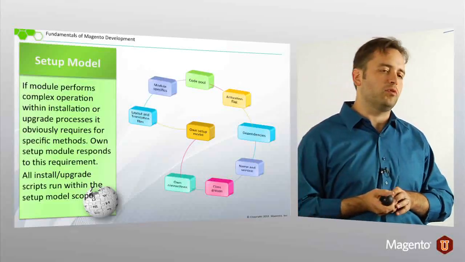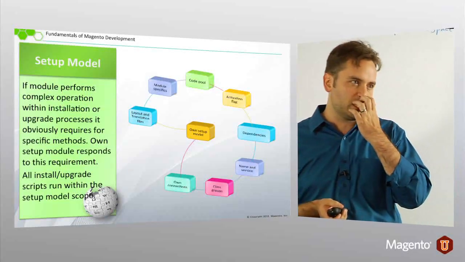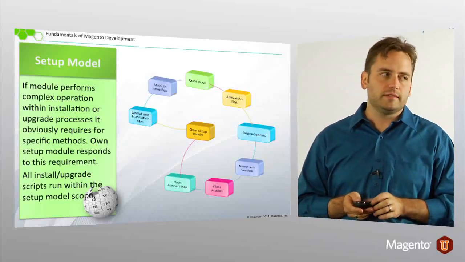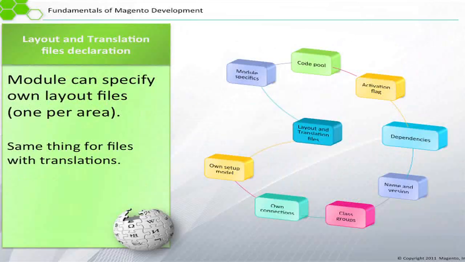Depending on the time that we have, we'll look at that. We'll at least look at it in the context of the catalog module, but we may not do that in our own module. You can also specify layout and translation files, one per area, so frontend and admin. And we will be looking at specifying a layout file for our module shortly.